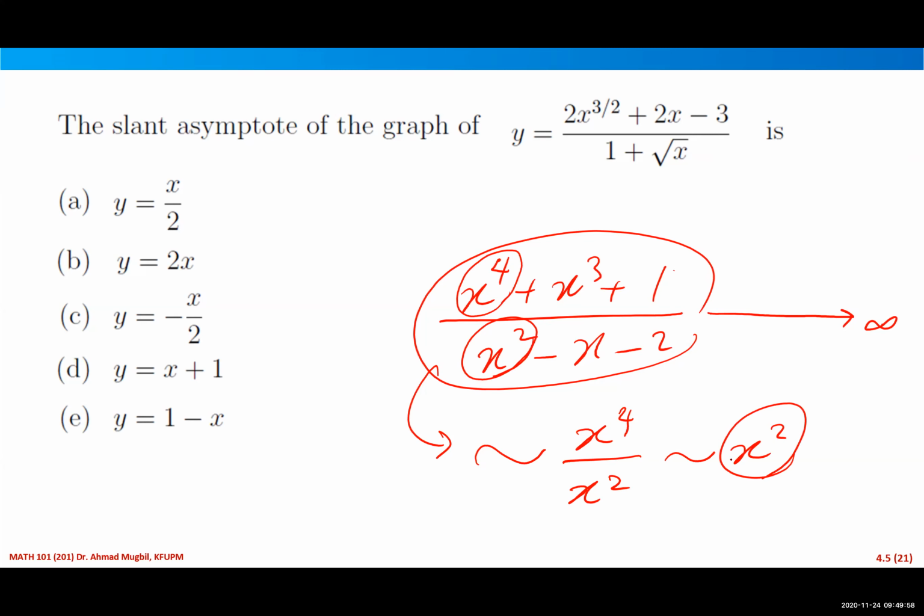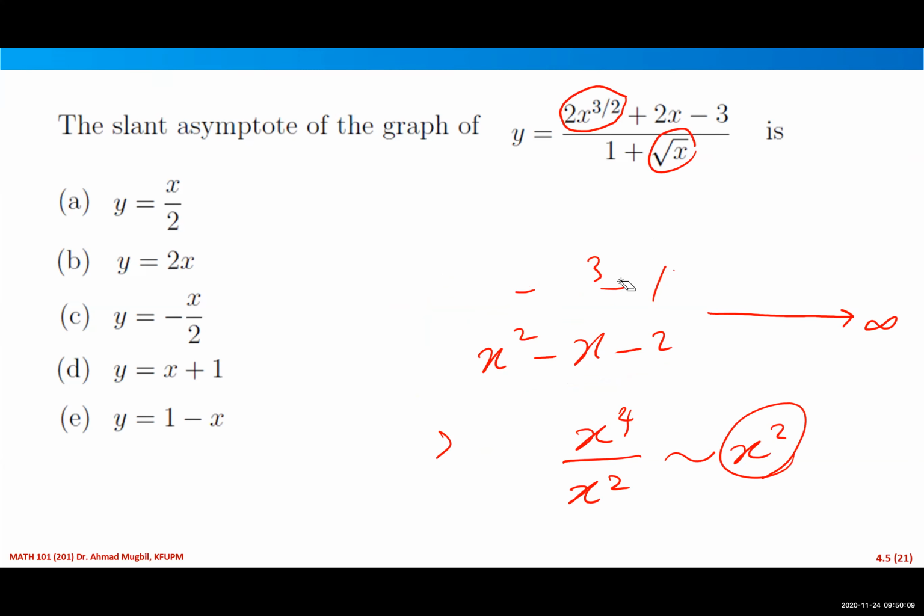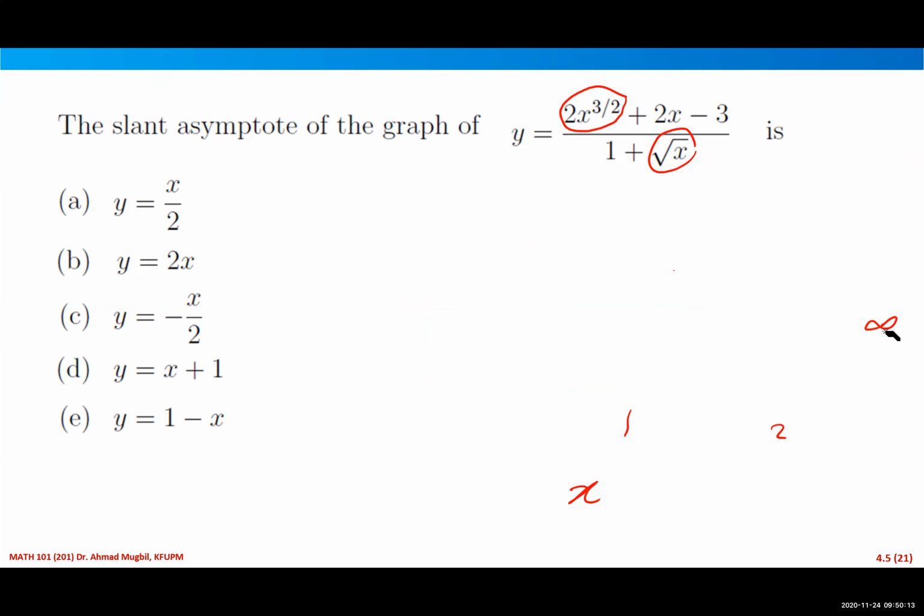This is a very important idea to know. It will behave like that, and the graph will look like that. Here you need just to focus on this term and this term. They will lead, they will dominate the behavior of the function. So this one is asymptotic to 2x to the power 3 over 2 over x to the power half. Is it going to be a line or not?